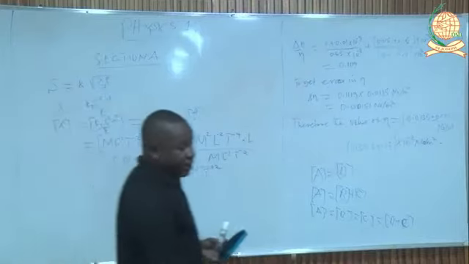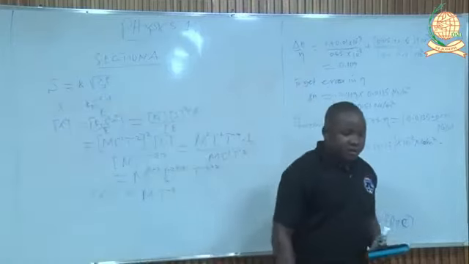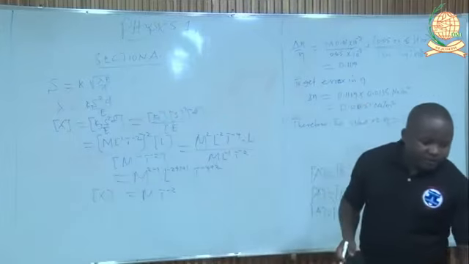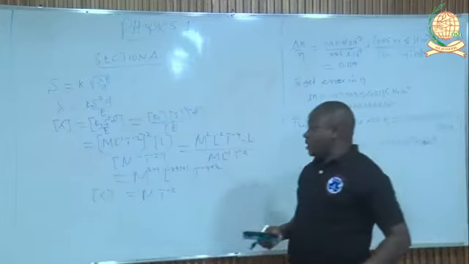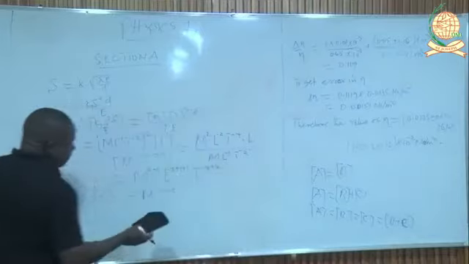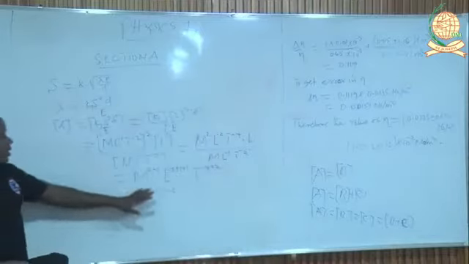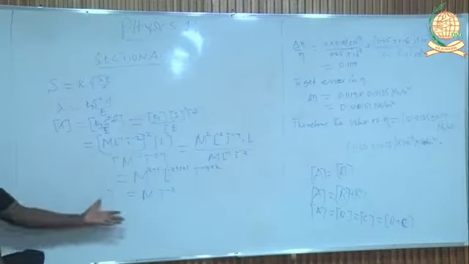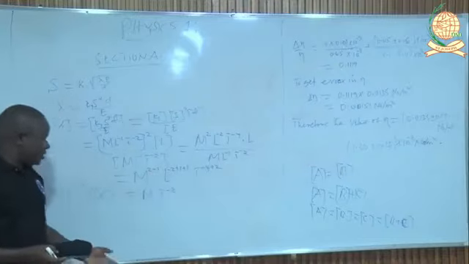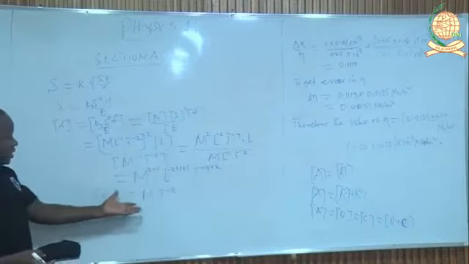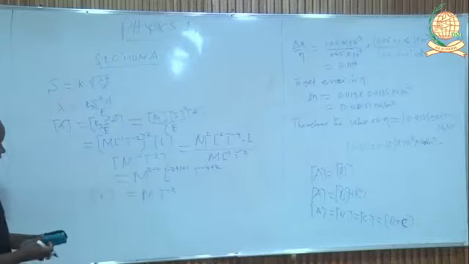Another thing here is, what is the meaning of this quantity? To know the meaning of this quantity, first you look at its dimension. This is the dimension of which quantity? By looking, this is the dimension of surface tension.